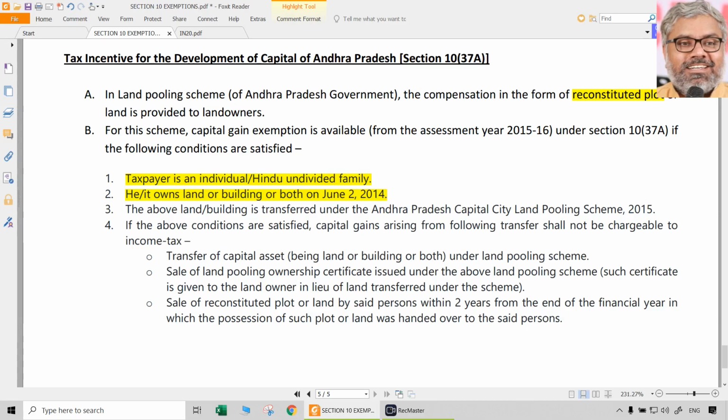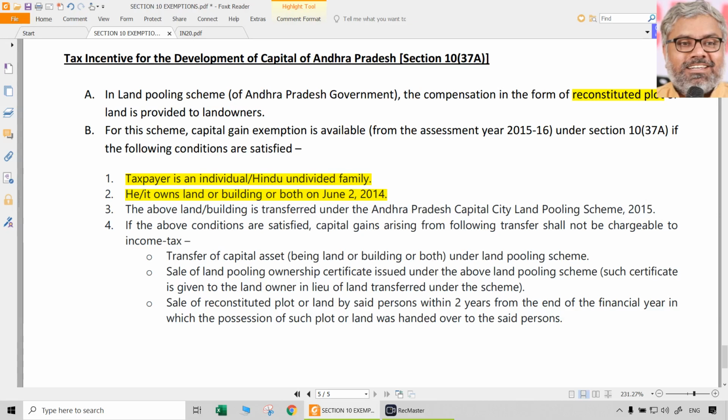So this land which has now been taken by the government in the land pooling scheme. See, usually the governments earlier used to do compulsory acquisition. In case of compulsory acquisition, the government gives money to the farmers, or whoever the person is from whom they have taken the land. That was normal compulsory acquisition, for which sufficient provisions are already there in the chapter of capital gains. But this is a new, variety scheme, which was introduced by the then government of Andhra Pradesh, led by Chandrababu Naidu in those days.